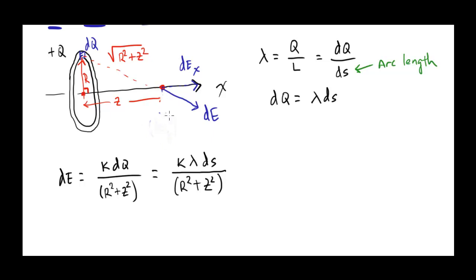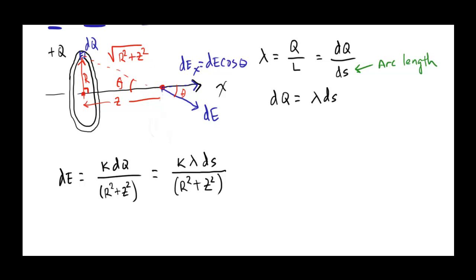If you follow that argument, hopefully you do, the only thing I'm interested in are the x components of that electric field. And how do we determine that? Well, this x component is related to this angle right here, which I'm going to call theta. This is the same as this angle theta, since these are vertical angles. And so dEx is just dE times the cosine of theta.